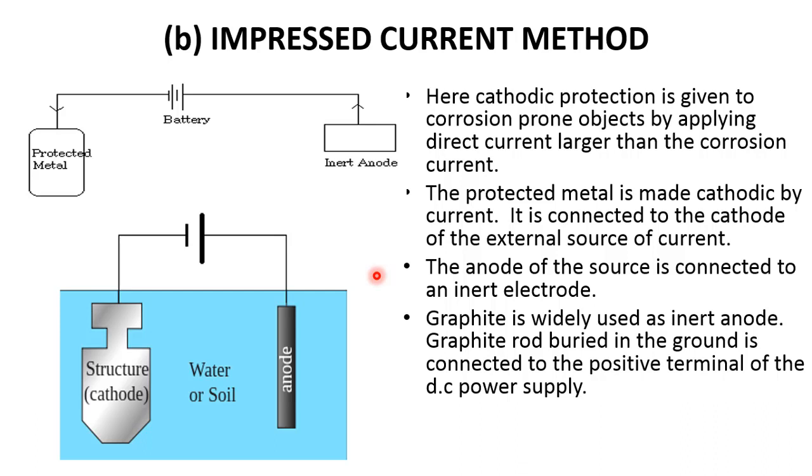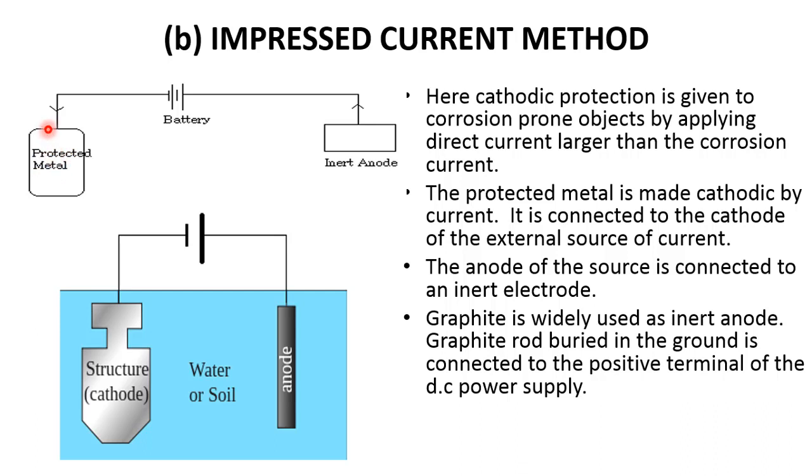Next one, impressed current method. Here the cathodic protection is given to the corrosion prone object by applying direct current larger than the corrosion current. Consider a metal piece. You know, according to electrochemical theory, millions of tiny galvanic cells will be formed. Anodic and cathodic sites will be there. Corrosion current will be there.